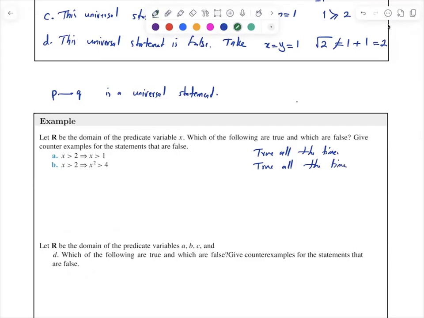Remember that we had a quadratic function, and for that quadratic function, we saw that when x is more than 2, your function x squared minus 4 is positive. Also on the left hand side, if x is less than -2, your x squared minus 4 is also positive. So B is true all the time.